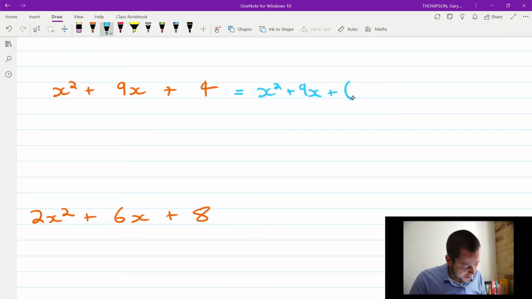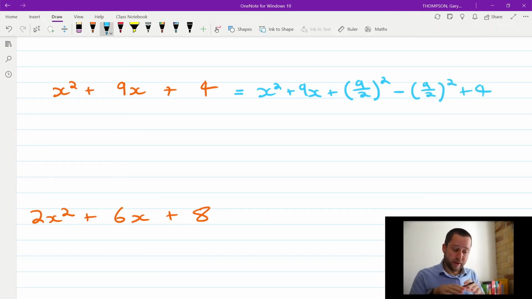So I'm going to add 9 on 2 all squared. Because I've added 9 on 2 all squared, I need to take that away. And don't forget the plus 4. So I've now modified the expression, so I have a square within the expression. That square is going to be x plus 9 on 2 all squared.